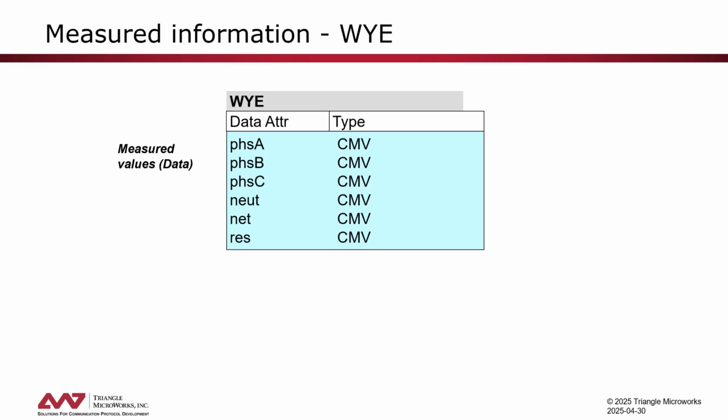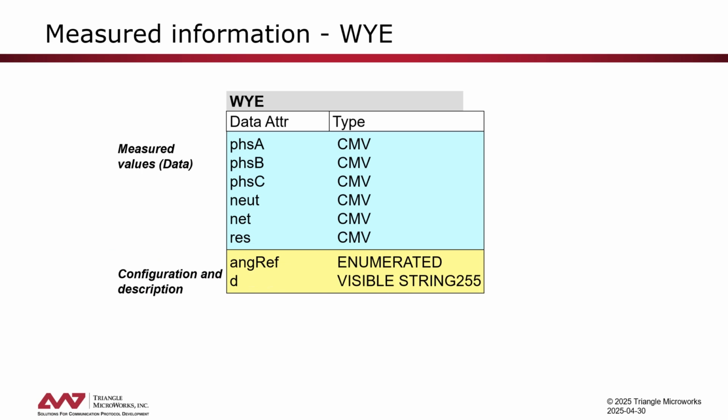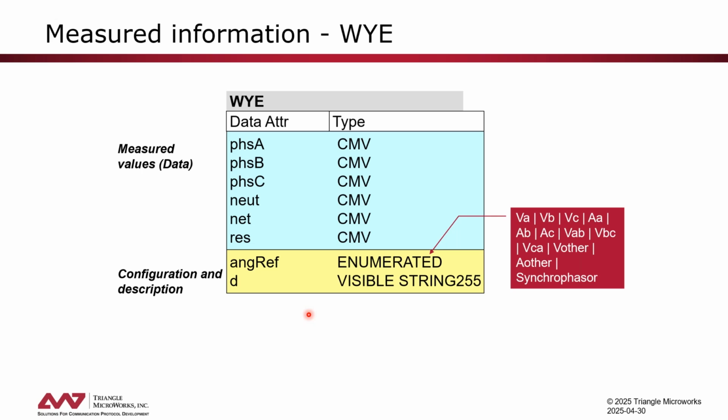So here we can have both a magnitude as well as an angle, so that's the vector that we have seen before. And of course, when we have vectors, we need a reference for the angle. That's one of the configuration attributes here, which gives us the information on which element of the three-phase power system is the reference from which we derive the angle.